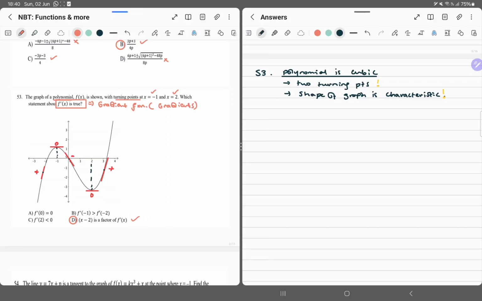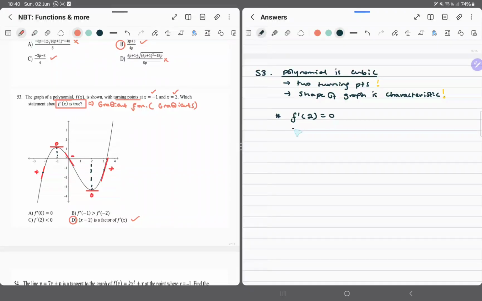But how do we then justify all of these things? Well, the most important bullet here is that f prime of 2 is equal to 0, right?